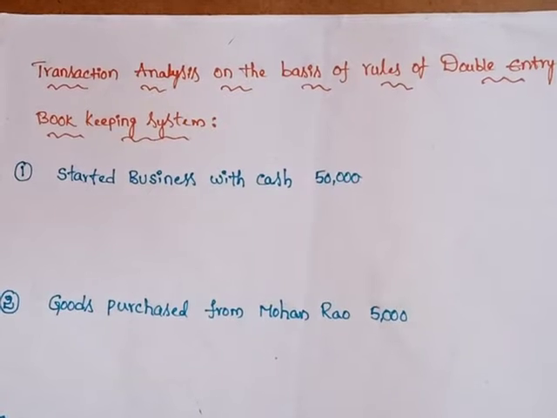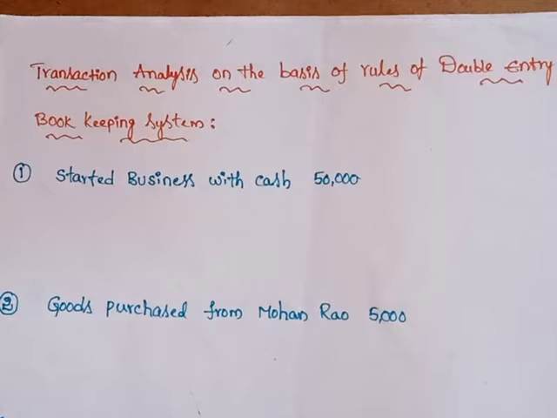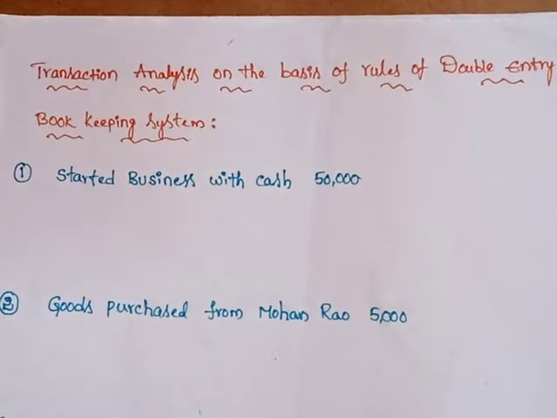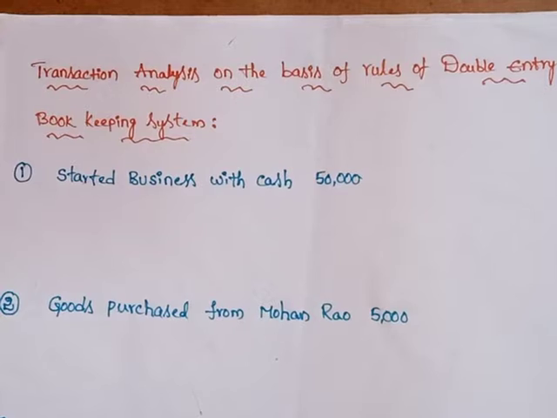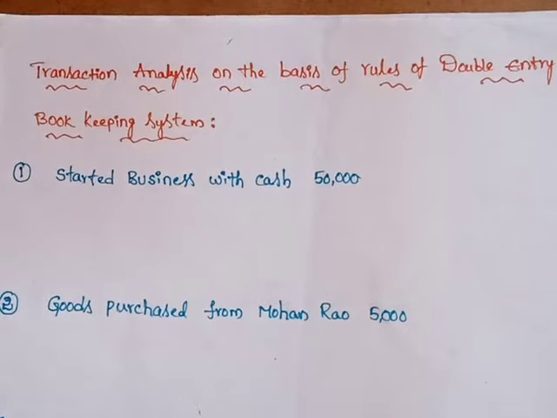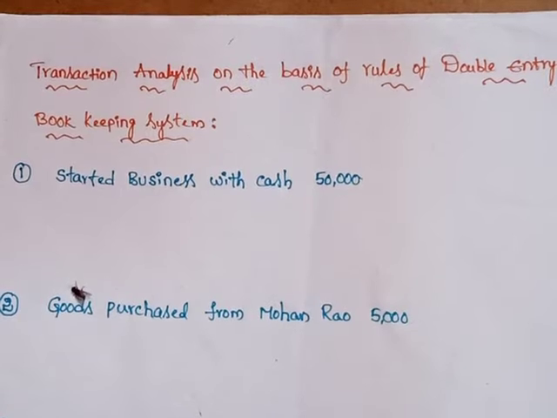Real accounts are related to assets and properties owned by the business, for example, buildings, machinery, furniture, cash, land, goodwill, patents, etc. Nominal accounts are related to expenses, losses, incomes, and gains, for example, salaries, rent, commission, interest, stationery, etc. And the rules of accounts: according to personal account, debit the receiver, credit the giver.